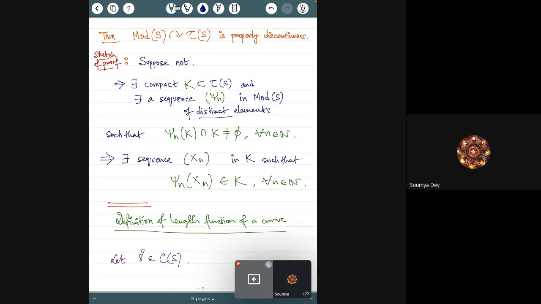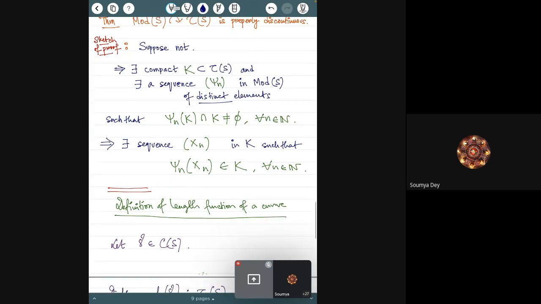So you have a sequence in the compact set K such that the image psi n of xn belongs to K for every n. Okay, this much is okay, I think, for everyone.